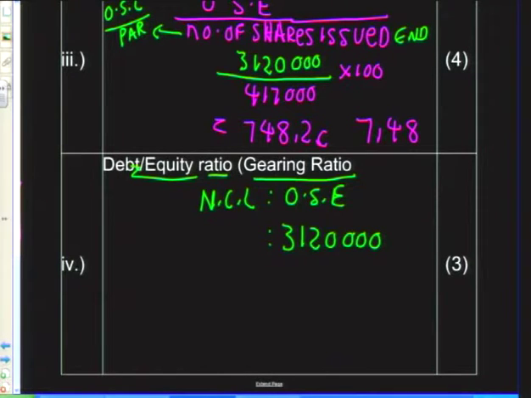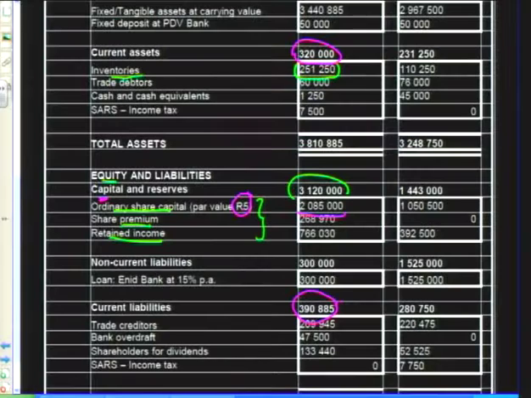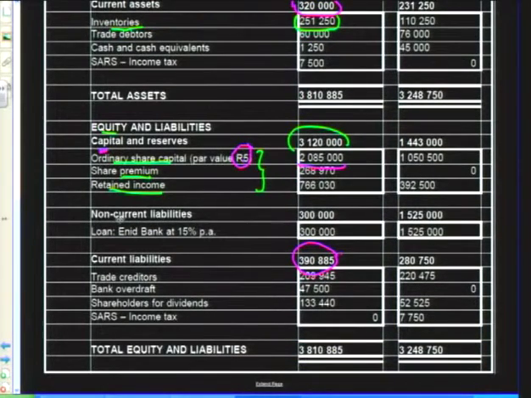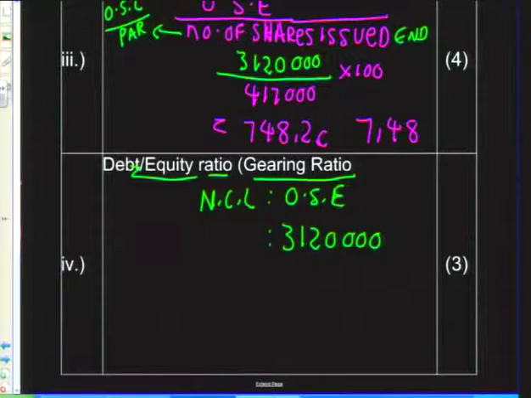Your non-current liabilities. Let's go to that balance sheet and find our non-current liabilities. There we go. There's our non-current liabilities, and it's sitting at 300,000. So not bad compared to our equity, but let's do the ratio itself, 300,000.